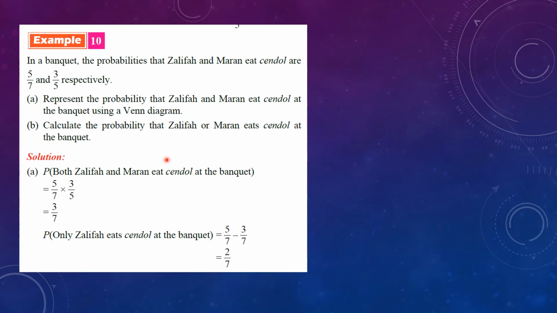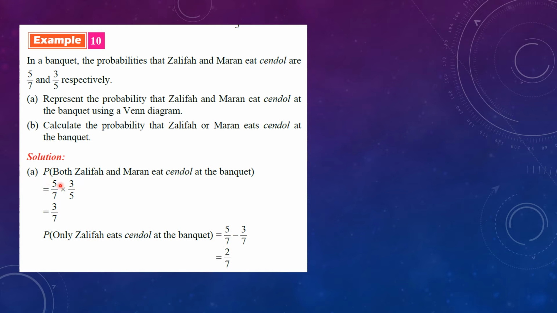So you want to draw a Venn diagram for this question. You have two persons, Zalifa and Maran. First, we find the intersection for Zalifa and Maran, so both Zalifa and Maran eat cendol at the banquet.